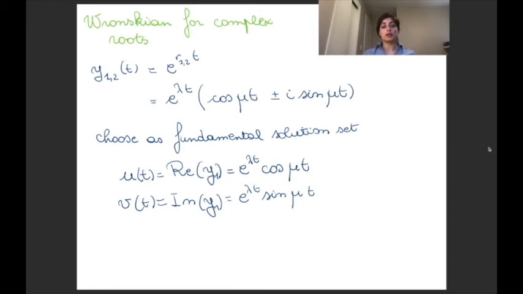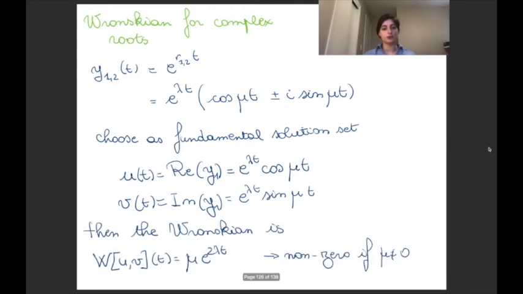We can choose as fundamental set of solutions the real part of y1 and the imaginary part of y1. So we choose u equals exponential of lambda t cos mu t and v as exponential of lambda t sine of mu t. And we compute the Wronskian in this case.